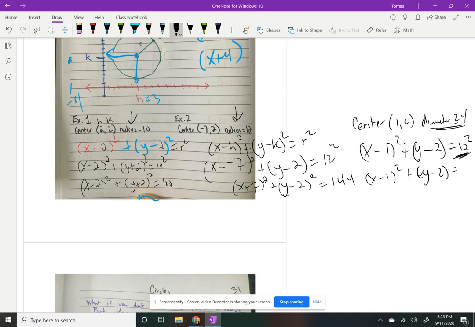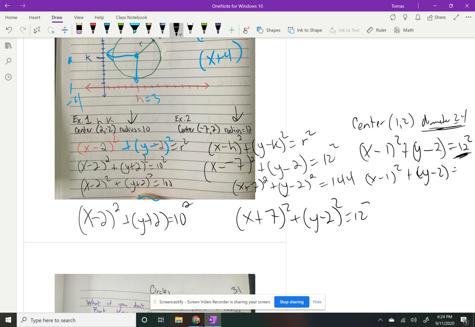So be careful. They'll give you radius here, radius here, and then bam, they'll give you diameter. Another thing also is sometimes you don't even have to square it. You could just leave it as 10 squared. This one could also be left as 12 squared.